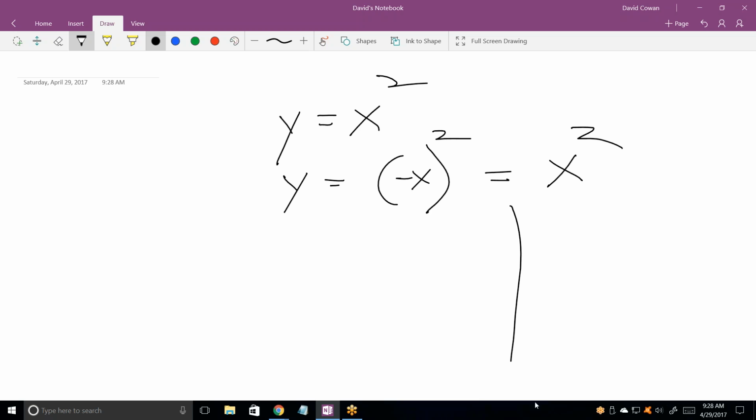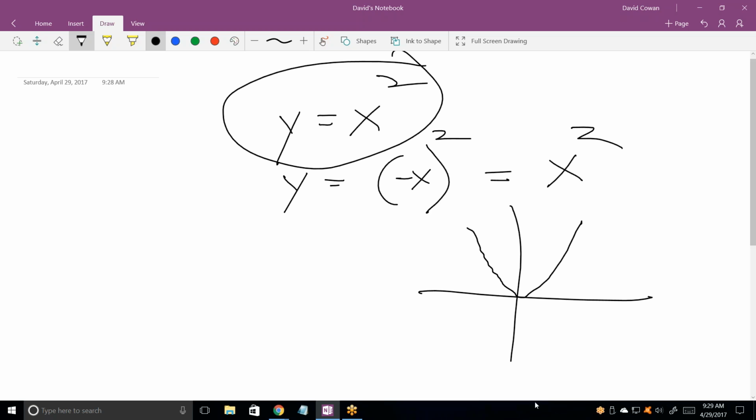So it doesn't show any difference. In other words, if I draw my original parabola and reflect it over the y-axis to show the effect of this minus sign inside the function, it looks exactly the same. So this is not the best function to show transformations.